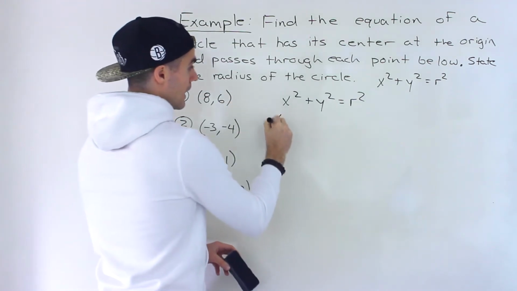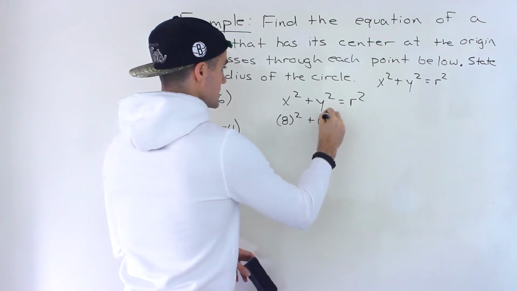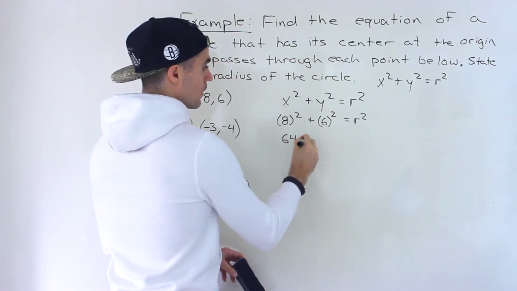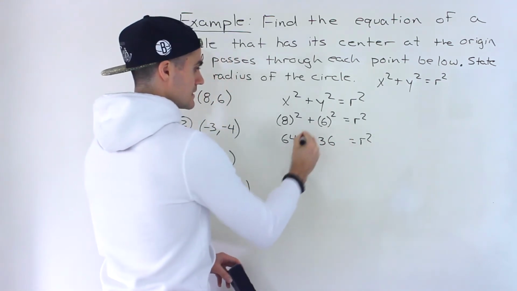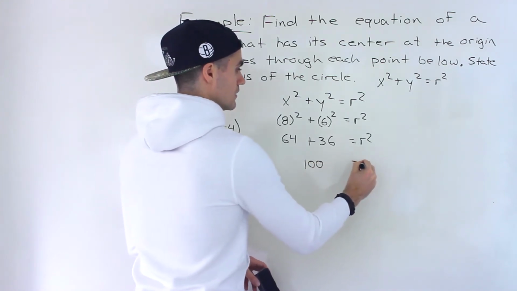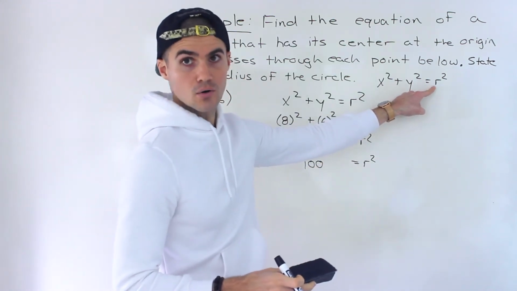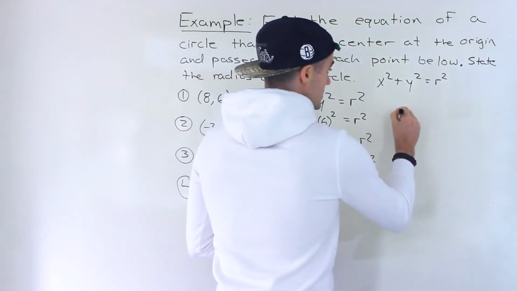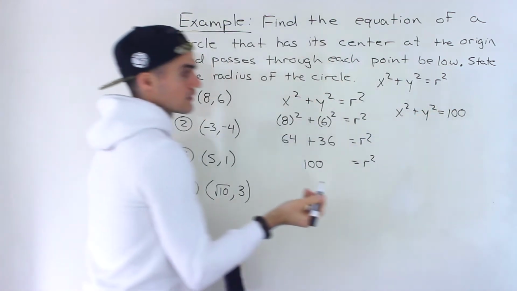So we plug in 8 for x, and then we plug in 6 for y, so we'd have 64 plus 36, and then notice that this would give us 100, and that's the r squared, and that's the entire right side. So the equation of this would be x squared plus y squared is equal to 100, like that.